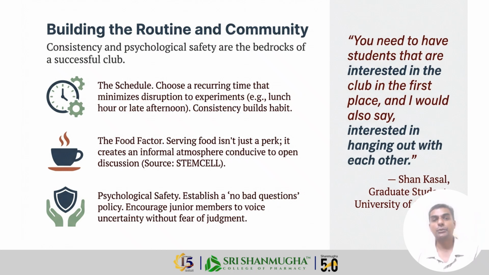A fixed schedule helps participants plan and attend regularly. Equally important is psychological safety. Participants, especially students, must feel that it is acceptable to ask questions, express confusion, or disagree respectfully. A simple rule helps: there are no bad questions in a journal club.